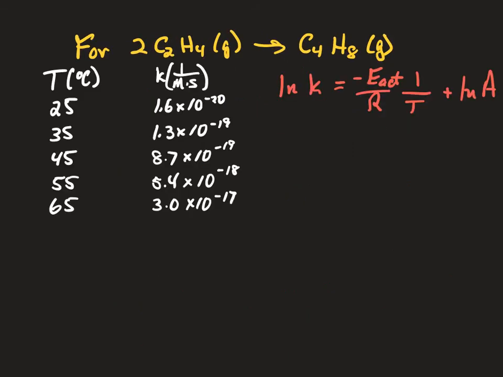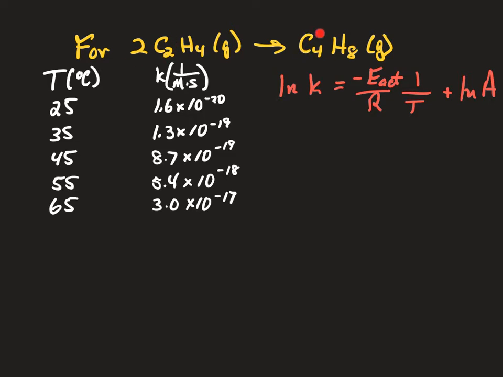Here we have some data where someone has done experiments at different temperatures for this reaction of ethylene dimerizing to form, that would be octene, right? I'm sorry, butene.